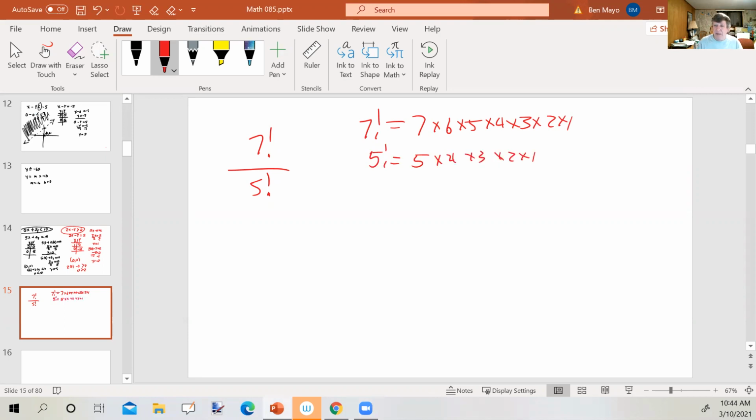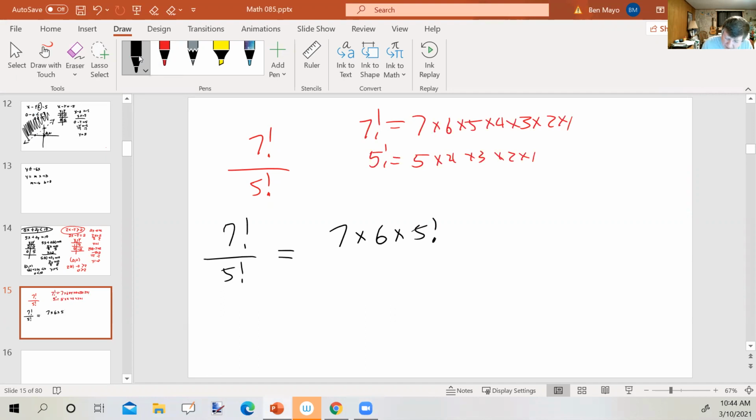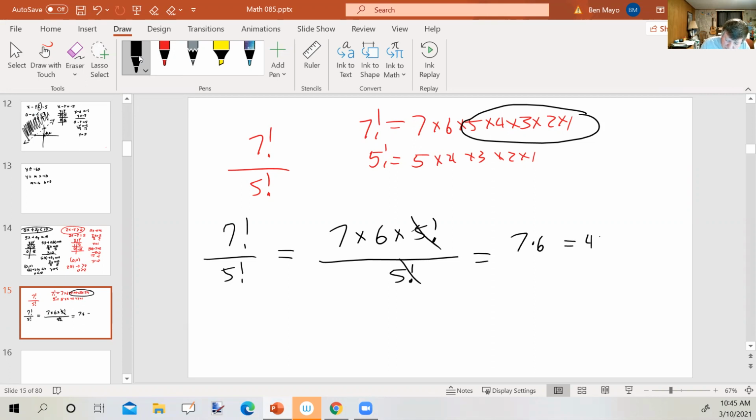To make life simpler, 7 factorial could be written as 7 times 6 times 5 factorial. In the denominator, we can just leave 5 factorial. We can then reduce those out, and we've got 7 times 6, which is 42.